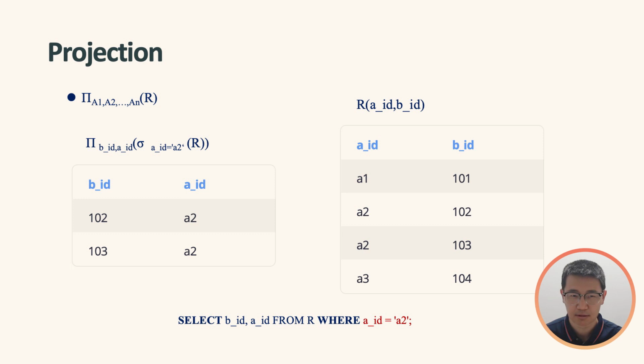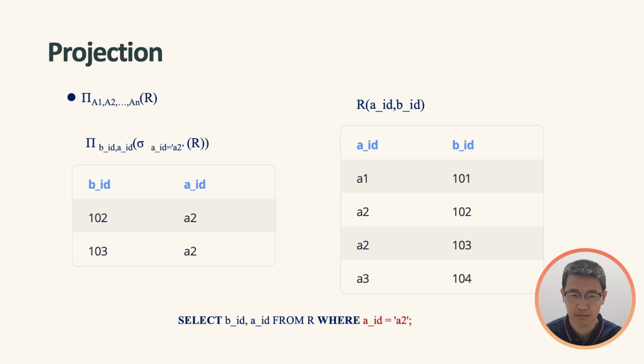For instance, if I have attributes a_id and b_id within this relation R, and I set a_id equals a2, that is what it will output. Furthermore, it allows for the reordering of attributes in the output relation.